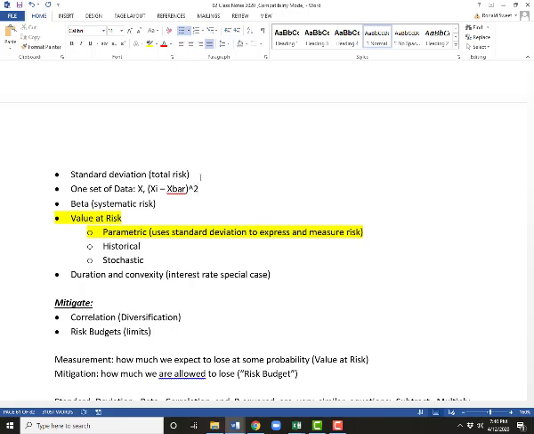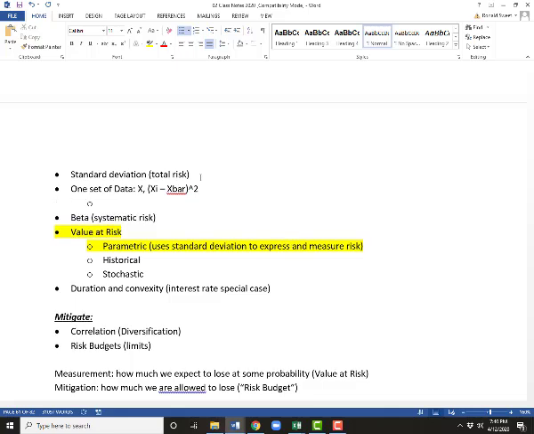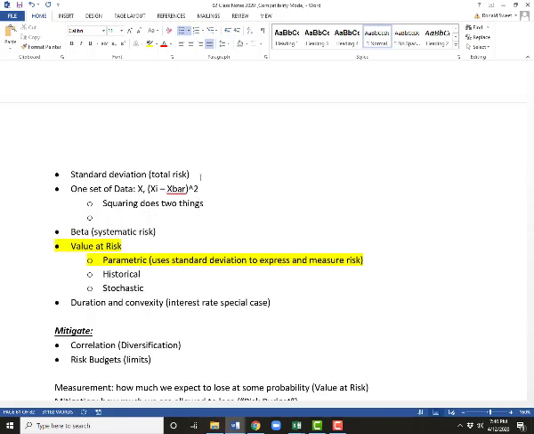What's important is that squaring does two things. First of all, negatives go away. If x sub i is 10 and the average is 12, 10 minus 12 is negative 2, but you square it, you get 4. So in this measure of risk, what we mean is the distance from the average, not just the downside.